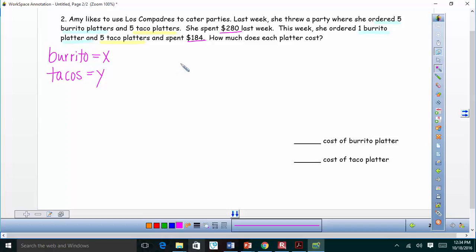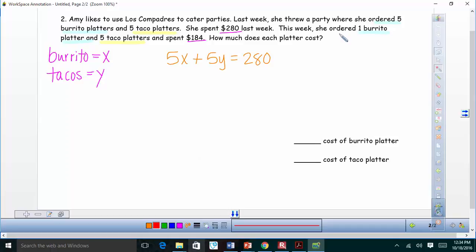So all you do is take all the information for the first week, lump it together, and then take all the information for the second week and lump it together. So the first week, how many burrito platters did she buy? 5. So it would be 5x plus, how many taco platters? So 5y equals, how much did she spend? 280.